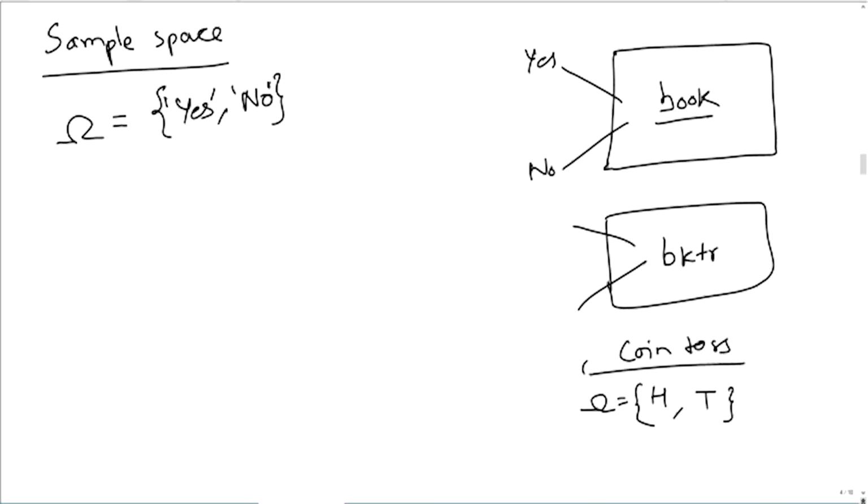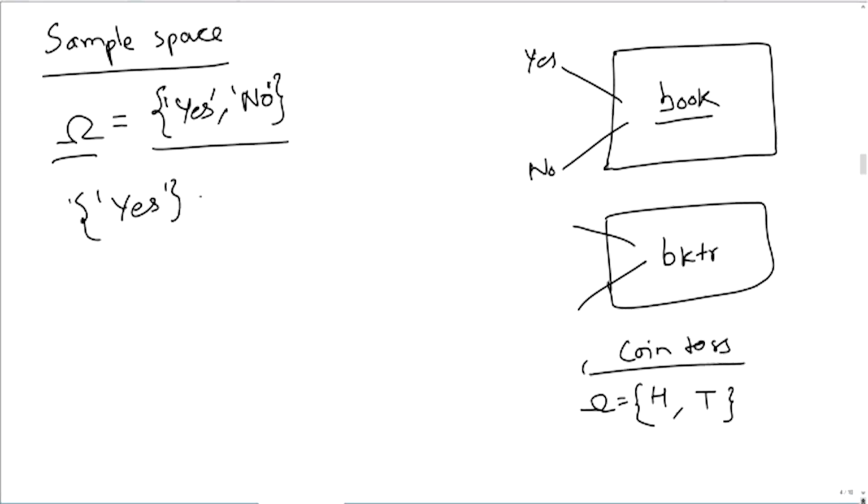So this is one thing you can define for any experiment: a sample space. Now another thing you can think of is, what are all the possible subsets of this sample space? Let us consider a set containing only yes.